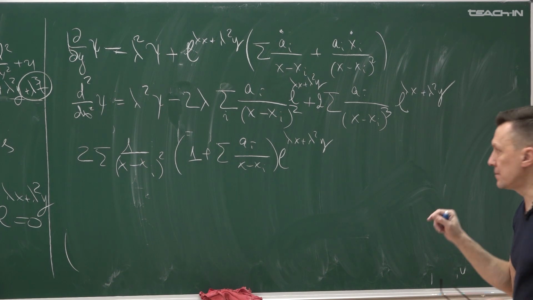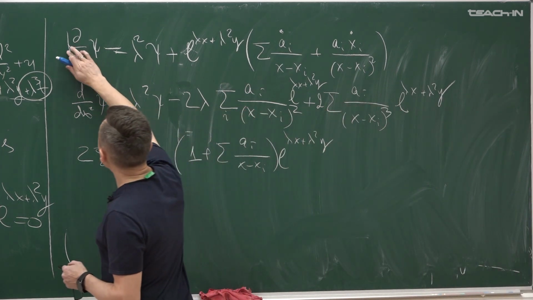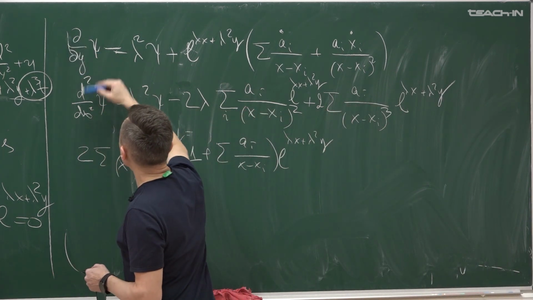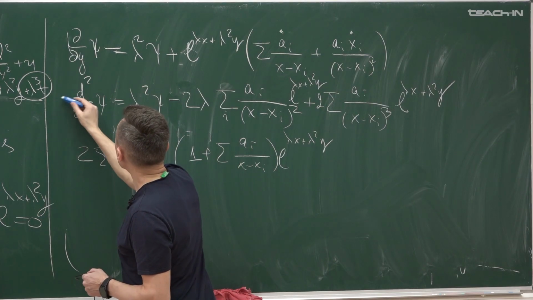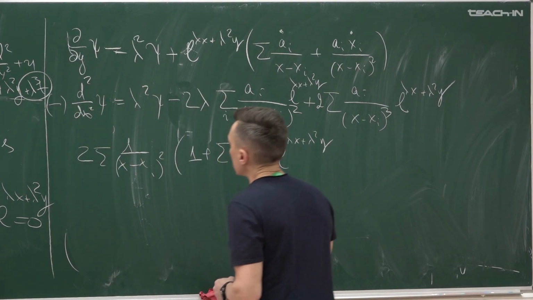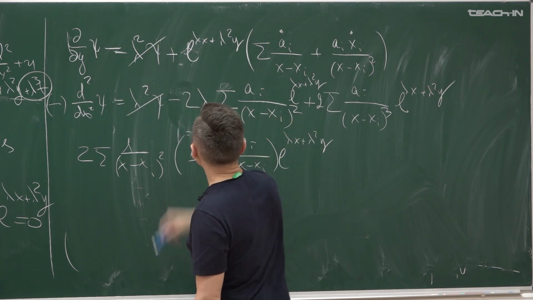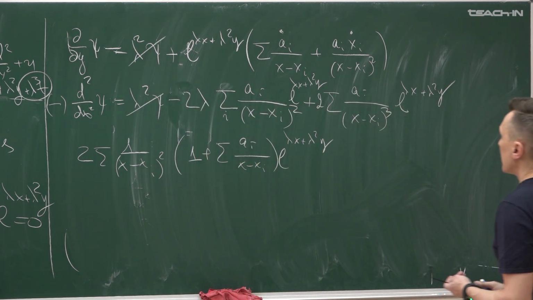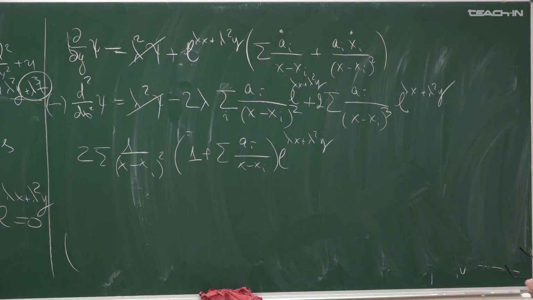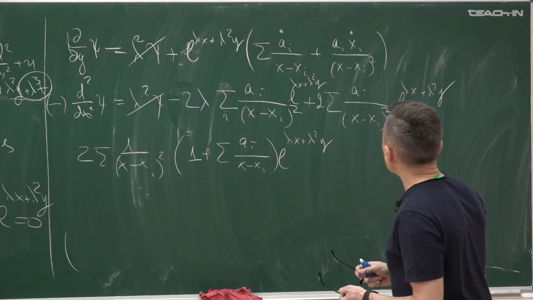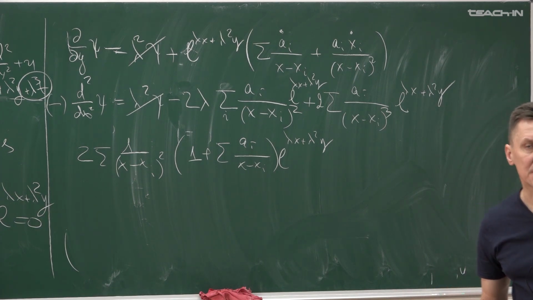Okay, so we have to subtract this from this. So here we have to write minus. So it will erase the principal term, and then I have to calculate the coefficient.